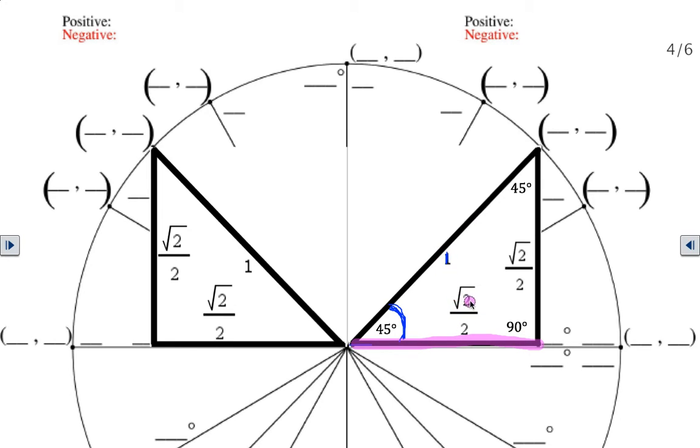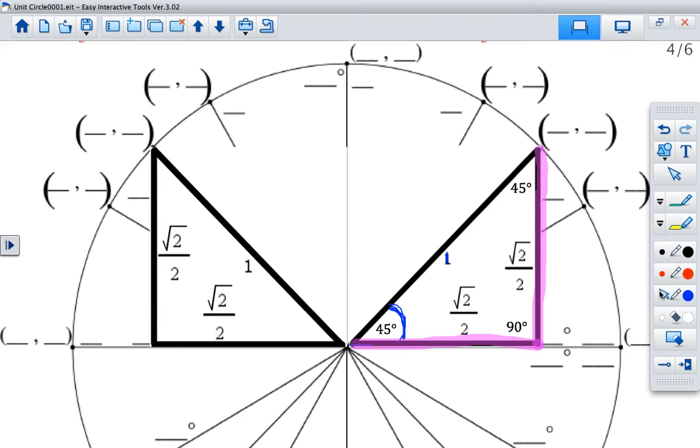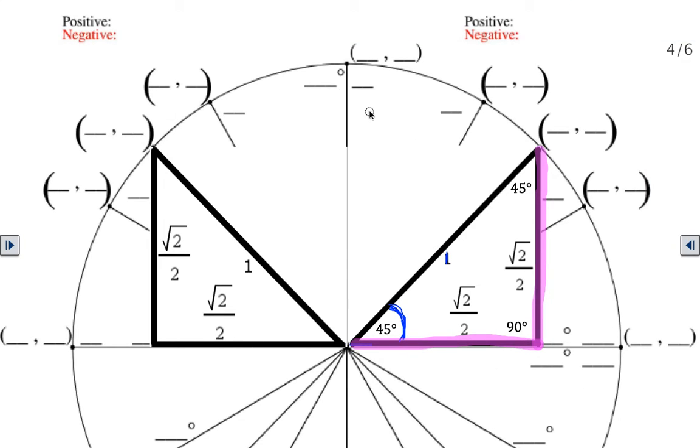This would be the square root of 2 over 2 units. And then this length here is going to be the square root of 2 over 2 units. Because this unit circle is on a grid, this is our x-axis here. So I could figure out what the coordinates are for the x and y coordinates.